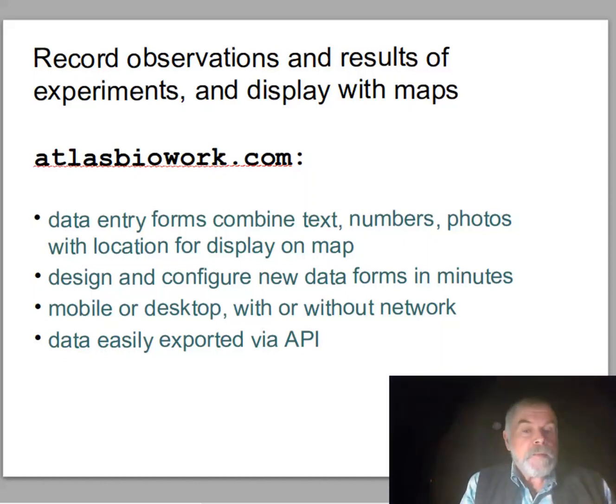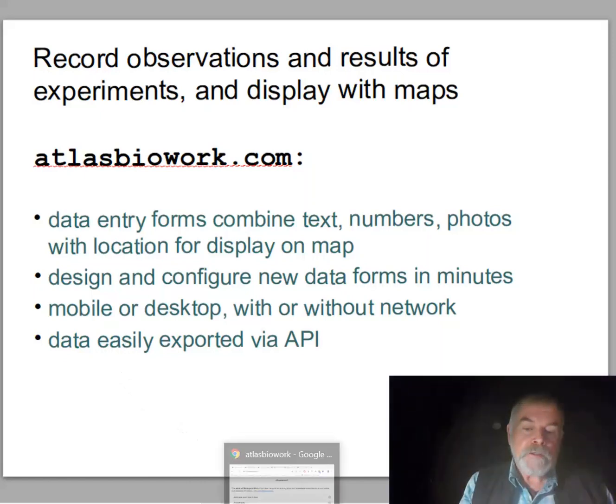This web app can be used on mobile or desktop, any device with a browser such as a tablet, an iPad, an iPhone, a desktop computer, a laptop, with or without network. And data is easily exported via an API, or application programming interface.